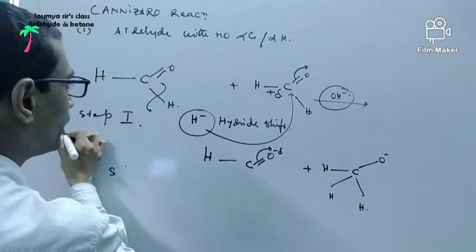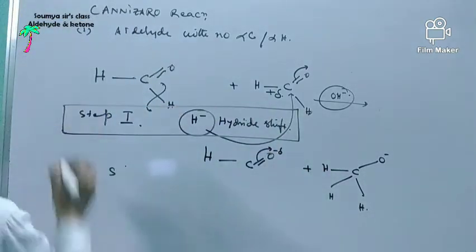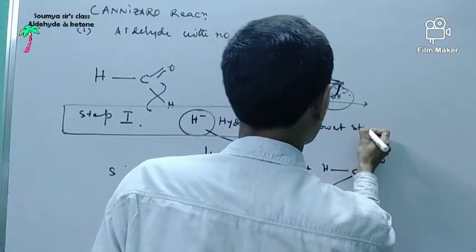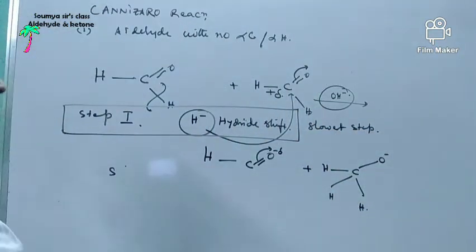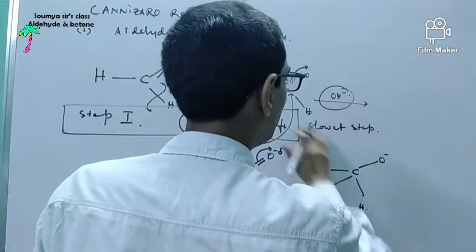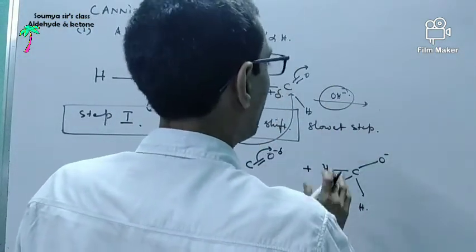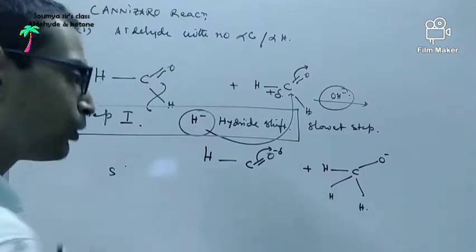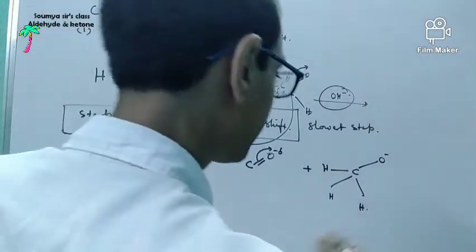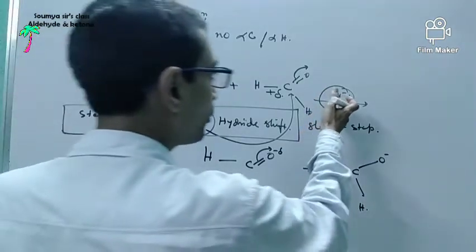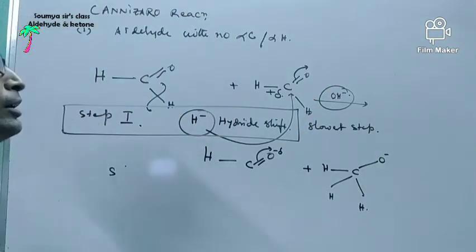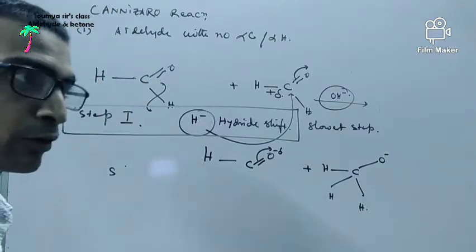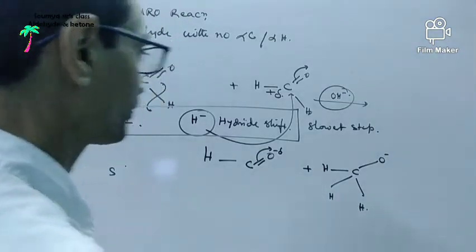This is step 1, the hydride shift, and this is the slowest step, because here no OH minus ion in the medium is involved, and technically it is an SN1 or slow reaction. But in the second step, the concentration of OH minus is also involved, and the reaction rate becomes faster.